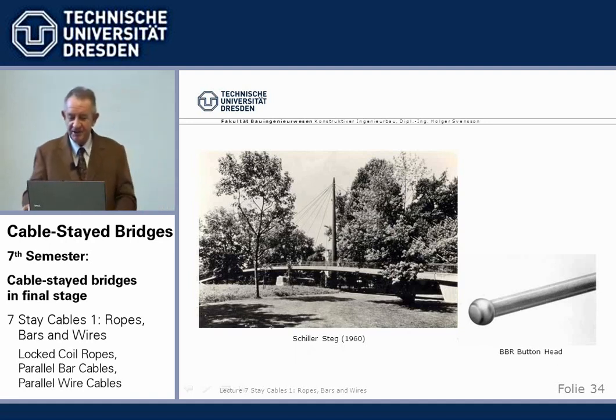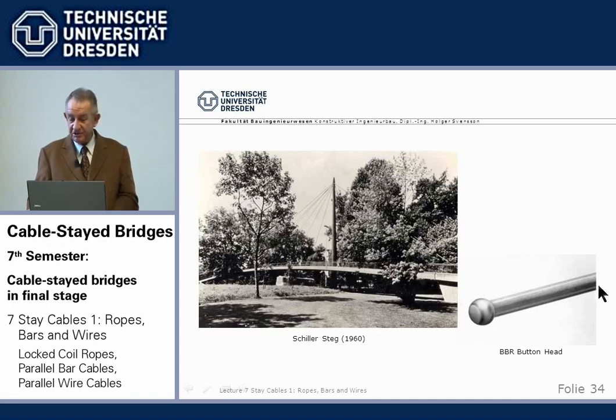And then when our office, Leonhardt, Andrä and Partner, before my time, had to build a pedestrian bridge in Stuttgart, the so-called Schillersteg, Leonhardt and Andrä, the founders, had the idea: now we do not use lock coil ropes, as was regular. I don't like them because of the disadvantages.